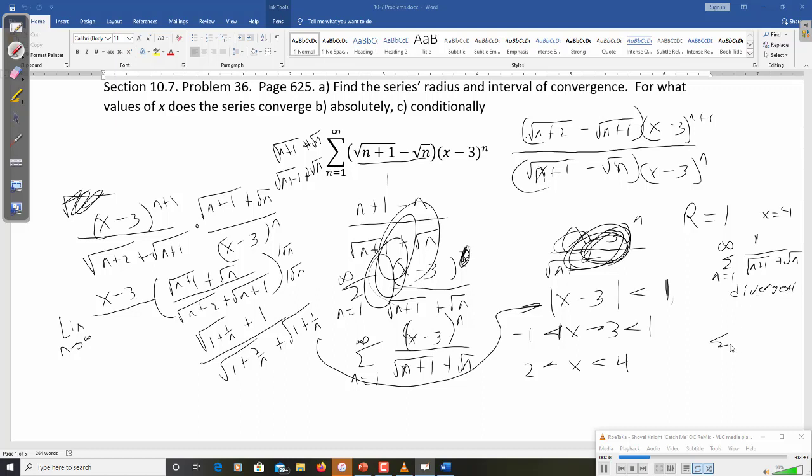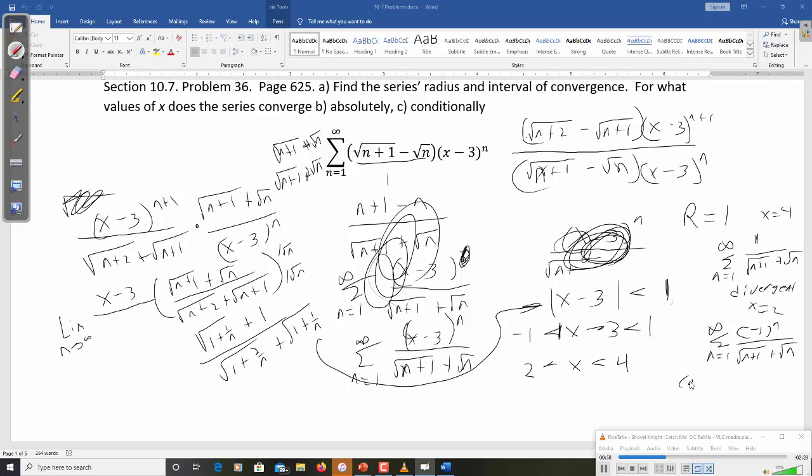If I look at the sum n equal 1 to infinity of, what's the other one, x equal 2. That'll be 2 minus 3, so that'll be -1 to the n over square root n plus 1 plus square root n.